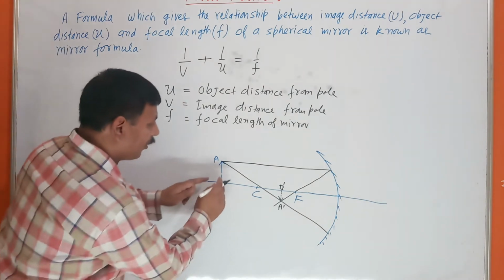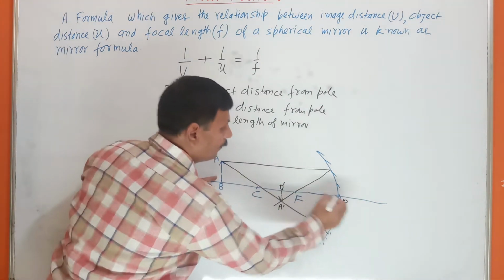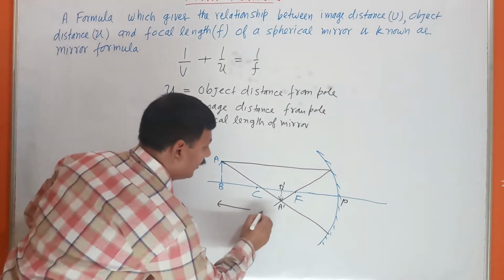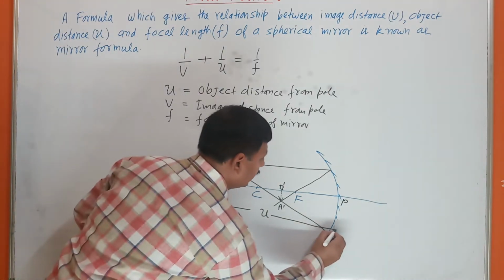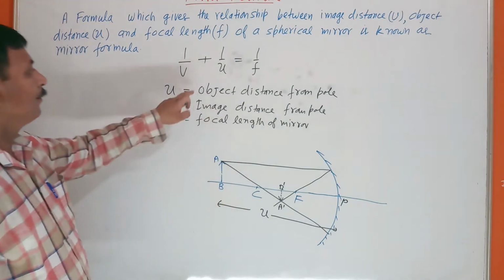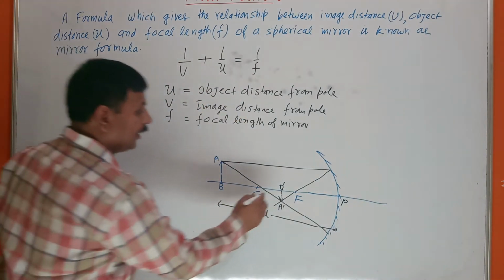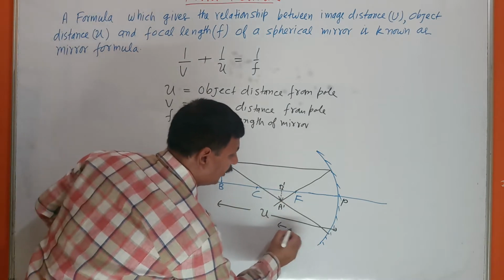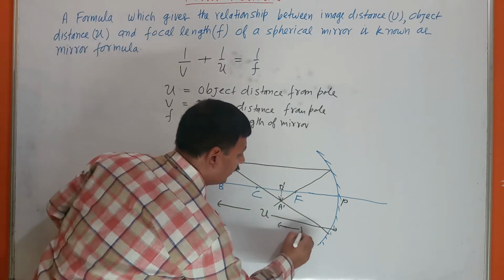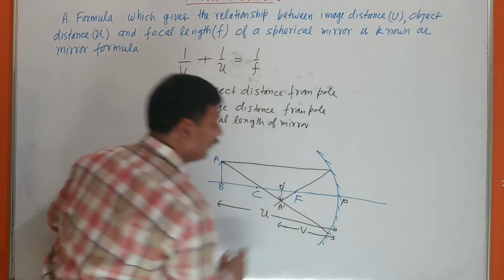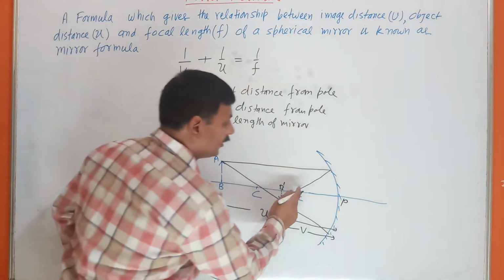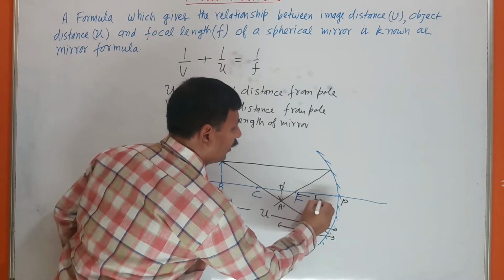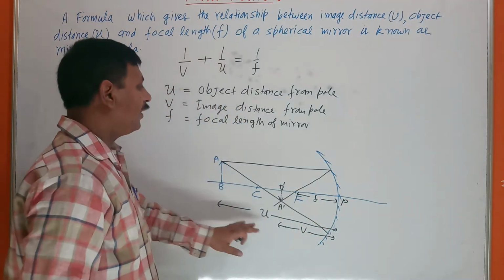The distance of the object from the pole, from here to here, this is U. Object distance. Here the image is formed. The distance from here to here, from the pole, this is V. And this distance FP is the focal length F. You can see here, U is the distance BP.